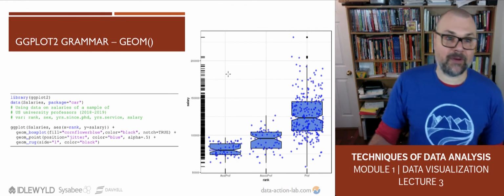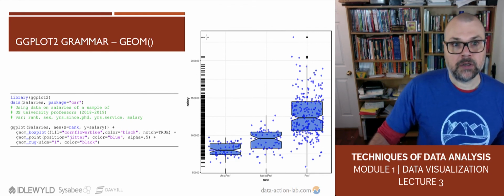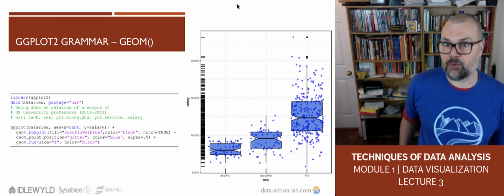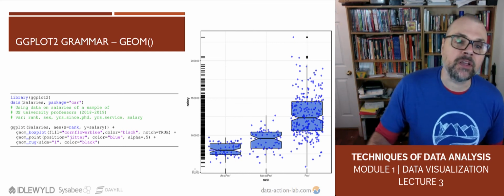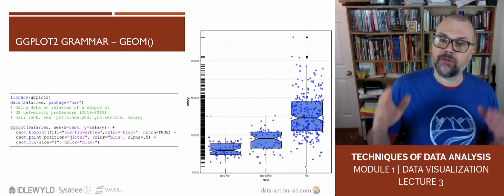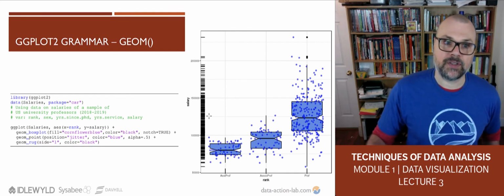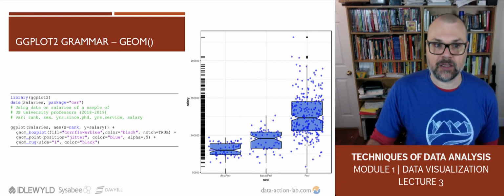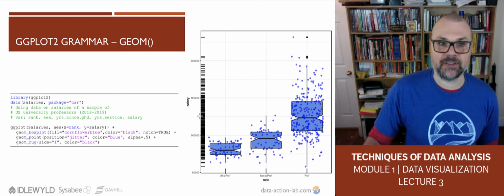The last item I'm going to show you, we're seeing this weird display here. This is the rug that we were talking about. The rug will tell you exactly where all of the measurements are found if you aggregate everything. So this is a rug for all of the salaries combined. So you're basically projecting, we chose the side to be the left side because that's the one that made sense.